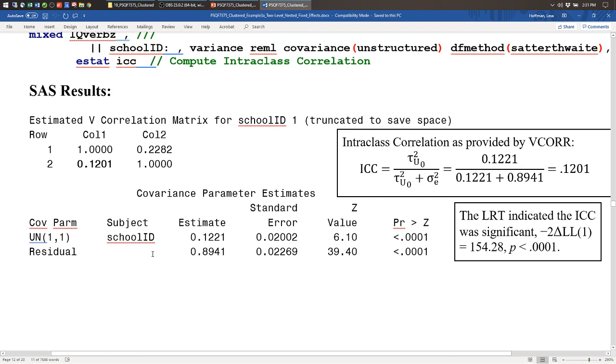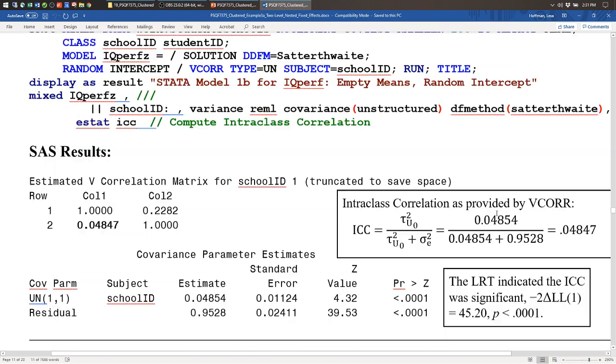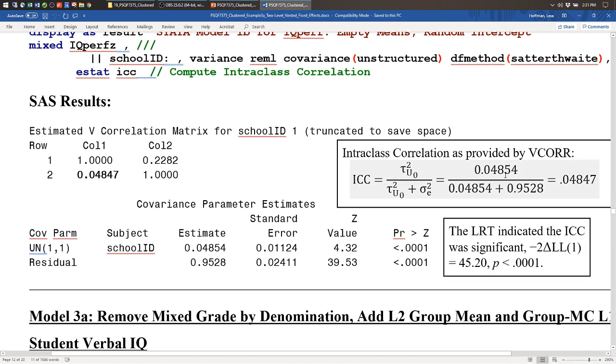So we know, for instance, that 12% of verbal and 5% of performance is level 2 variance. That is a logical prerequisite for that variability to predict something else. But just because that variability at level 2 doesn't predict a level 2 outcome doesn't mean there's no level 2 variability. It's two different things.